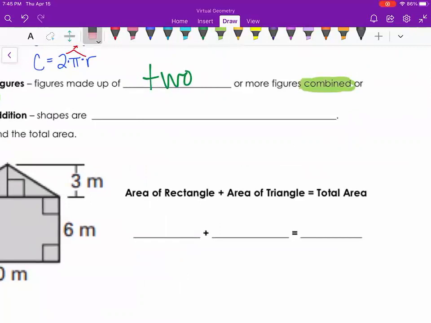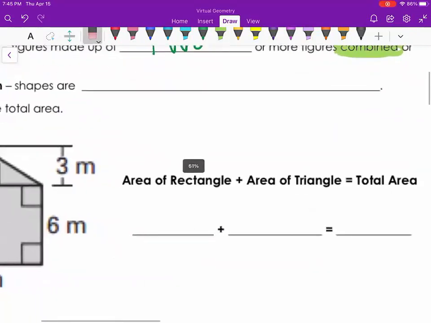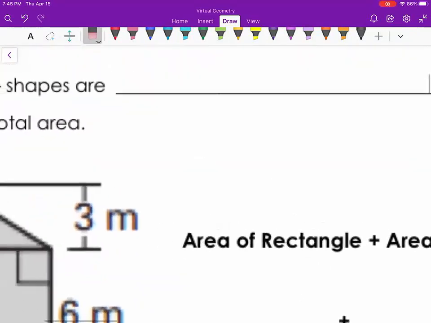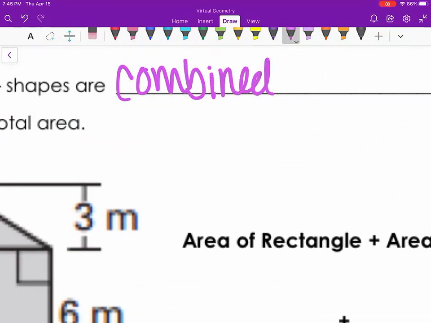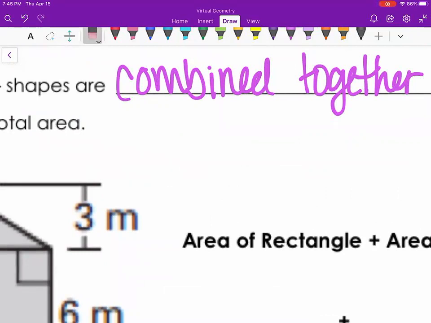So when we use the addition method, this is when our shapes are combined together. Which really just means they are side by side right next to each other, like our example we have. So let's take a look.